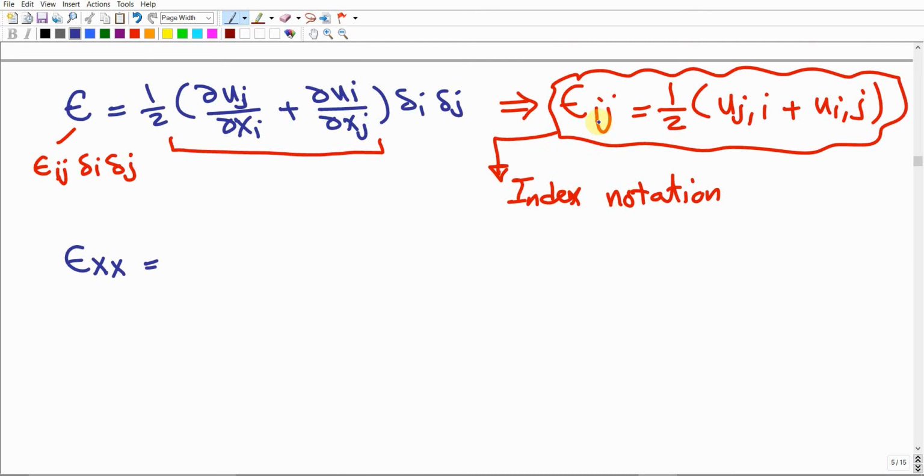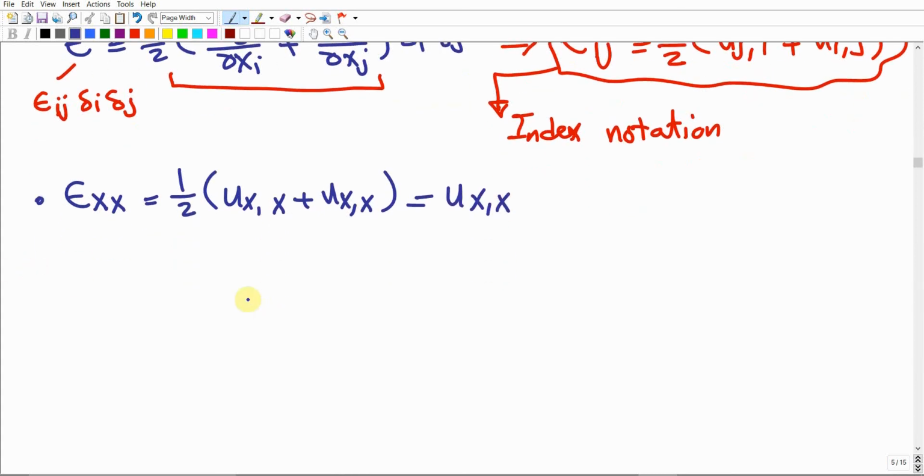This is going to give us 1 over 2 (ux comma x plus ux comma x), where the 2 cancels with the half, so we end up with ux comma x. This is the first component of the strain along the x-axis, epsilon xx.